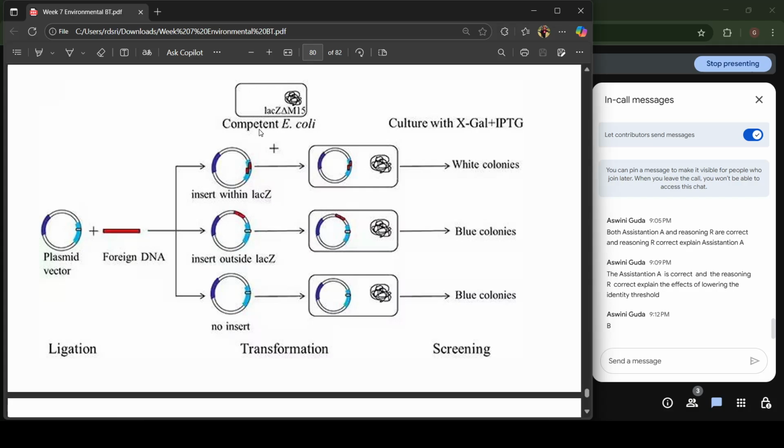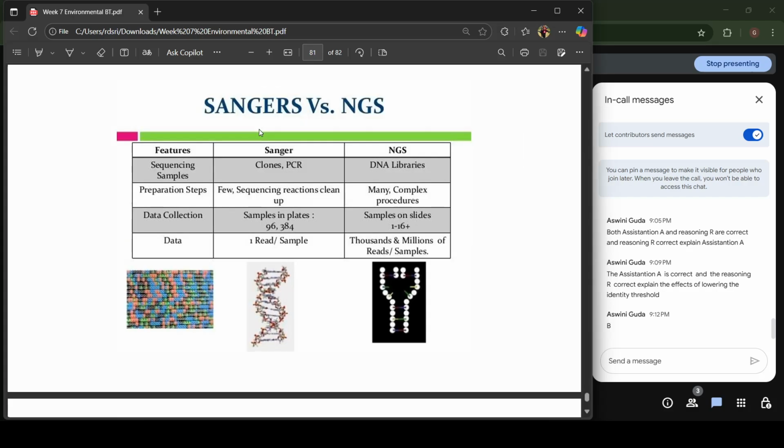And this is the blue-white colony screening mechanism or principle, and also a simple difference between Sanger sequencing and next-generation sequencing. This is just to highlight the topics that have been covered. So you can go through this once I upload the PPT.